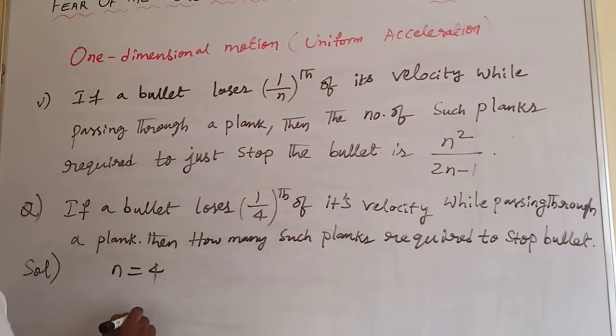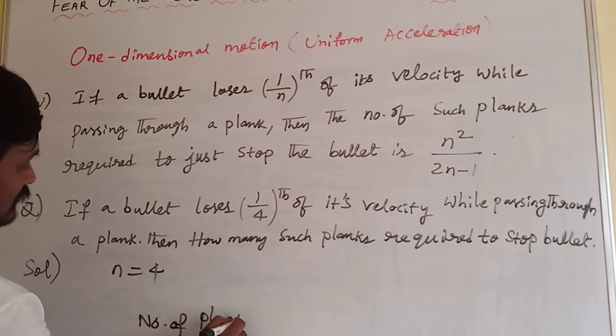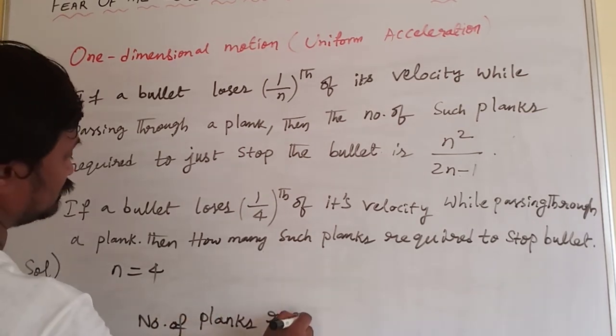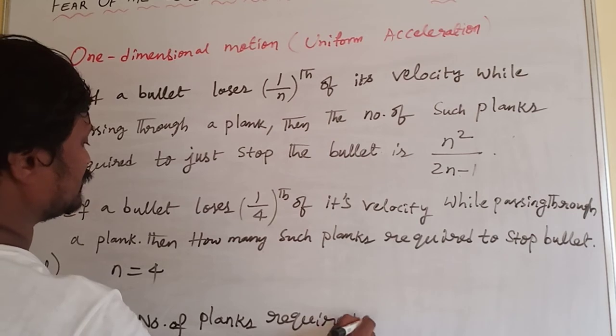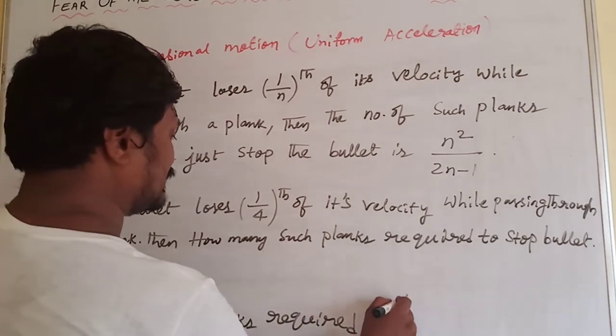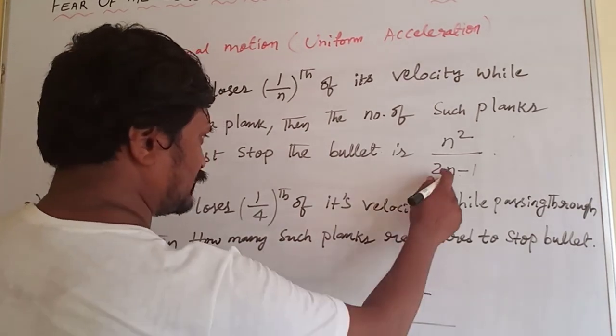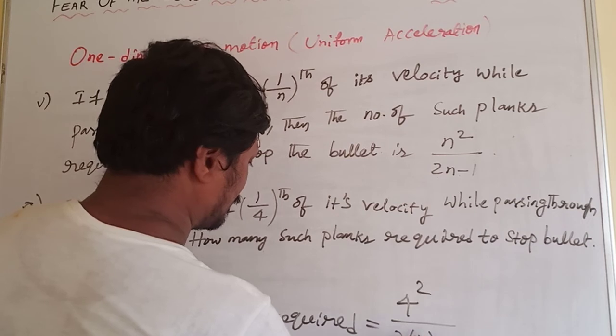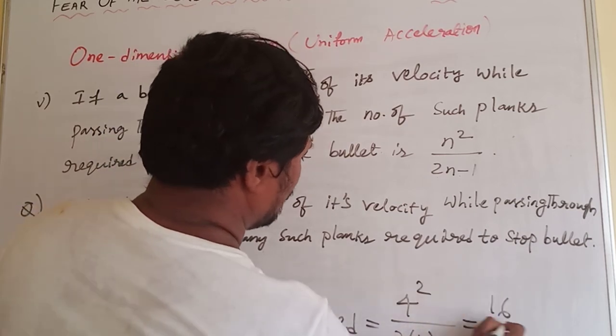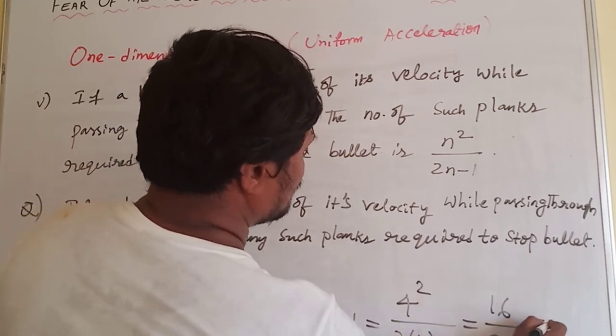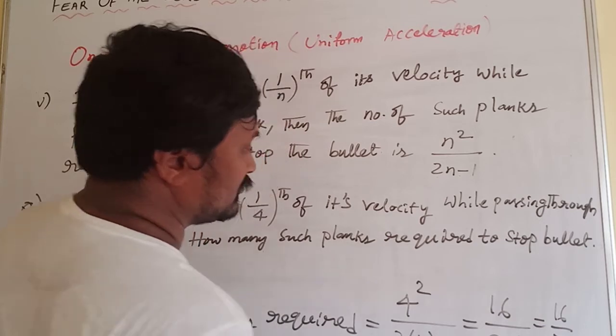Now the number of planks required is equal to n square upon 2n minus 1, that is 4 square upon 2 into 4 minus 1, 16 upon 8 minus 1, that is 16 upon 7.